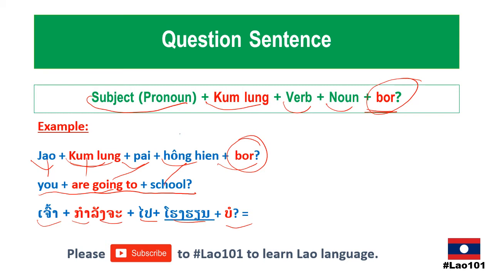So you notice here in Lao I actually would still put the word จะ, เจ้ากำลังจะไปโรงเรียนบ่. Basically it's similar to the future continuous, เจ้ากำลังจะไปโรงเรียนบ่, or you can say เจ้ากำลังไปโรงเรียนบ่.